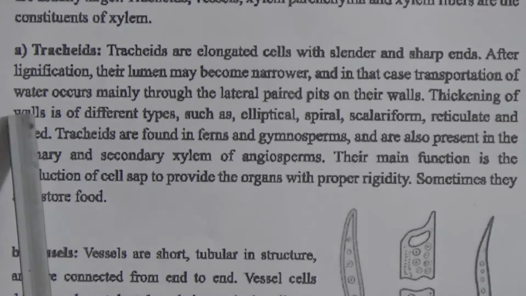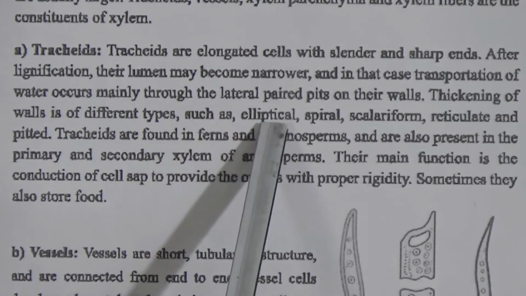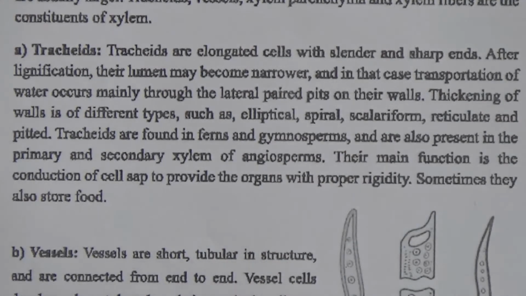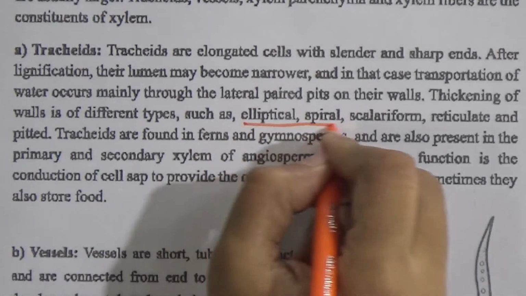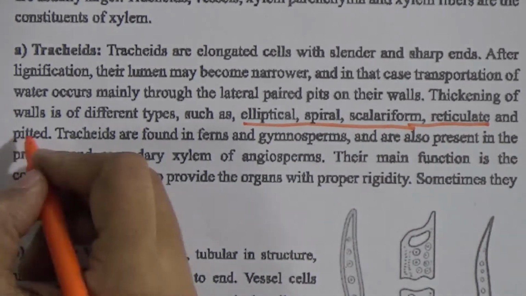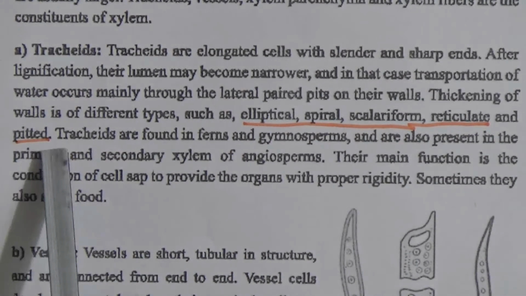Thickening of walls is of different types such as annular, spiral, scalariform, reticulated, and pitted. There are 5 types of tracheid.